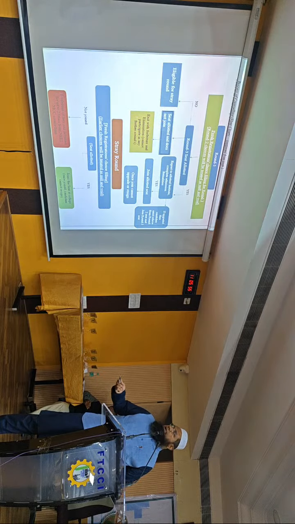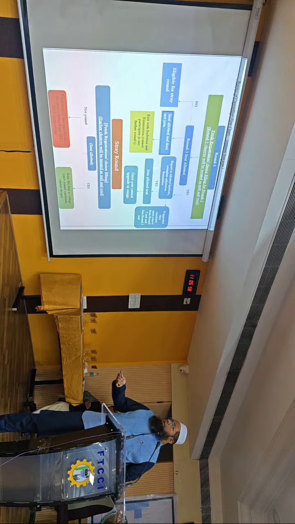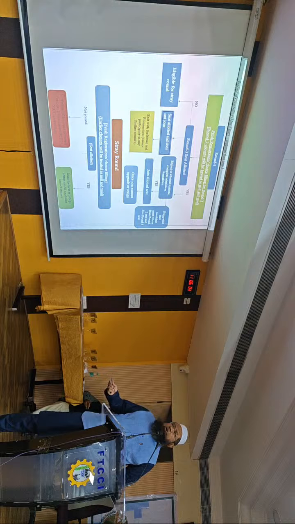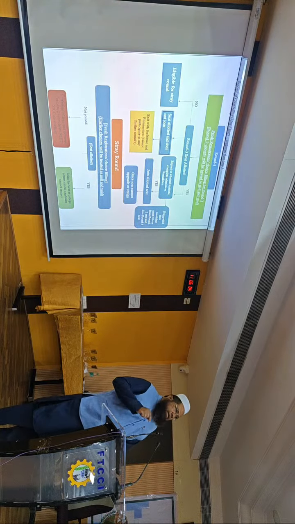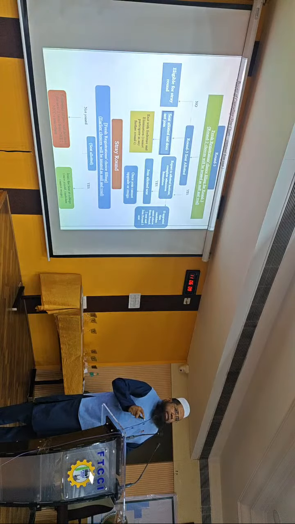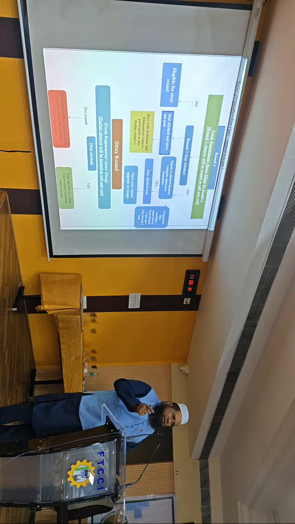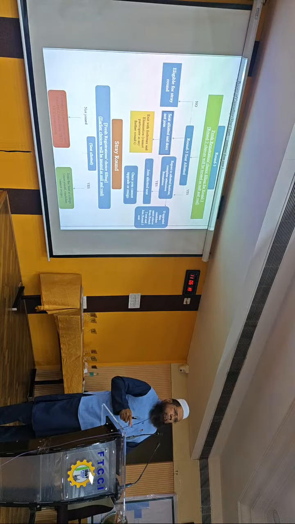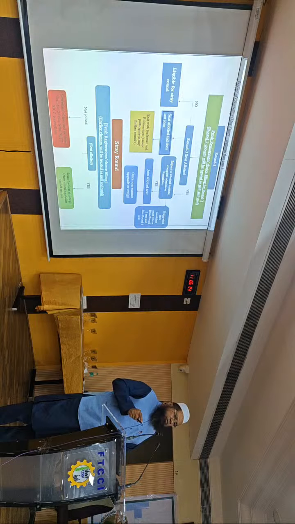You are not eligible for the stray round. For the stray round, same thing: you have to register again and pay the fee again. And then, for example, you don't get any seat in round 1, round 2, round 3. Then you need not pay a fee for the 4th round, the stray vacancy round. So without any payment, without any registration, you can fill the choices for the stray round if you don't get any seat in round 1, round 2, round 3.